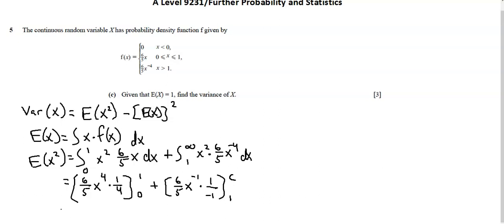Simplifying with inputs, for the first integration we end up with 6 over 20 times 1, that's based on the input of 1, minus 0, which is the result of the input of 0.